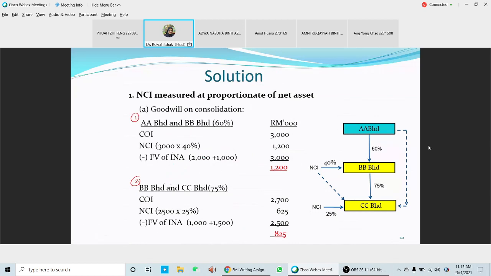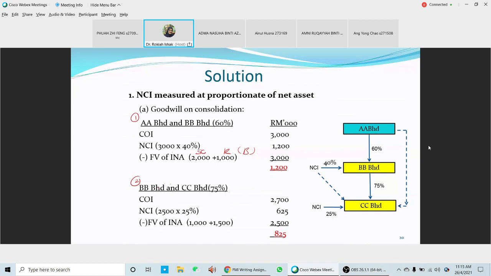Fair value here is 2 plus 1. The 2 is from the share capital, and the 1 is the reserve in B. So we have 3. Altogether, the goodwill that we have here for A in B is 1.2.